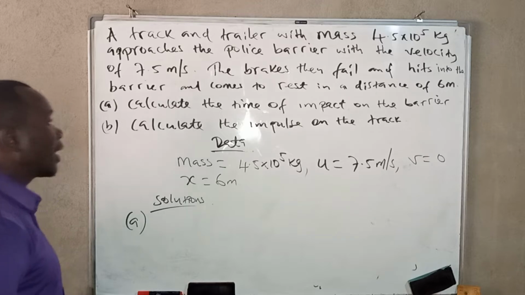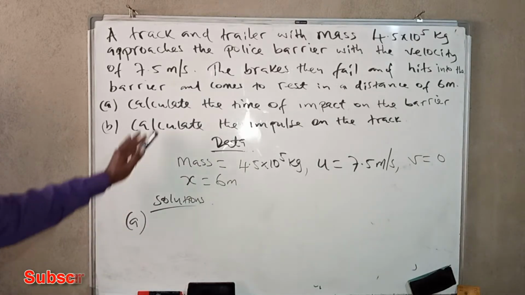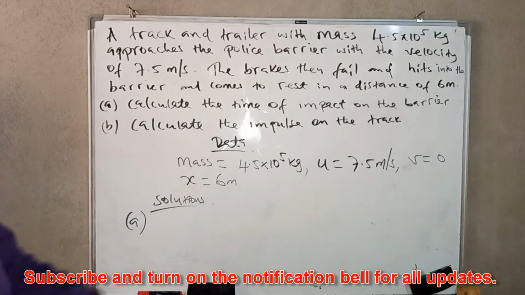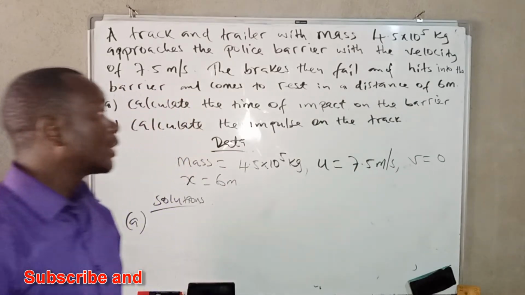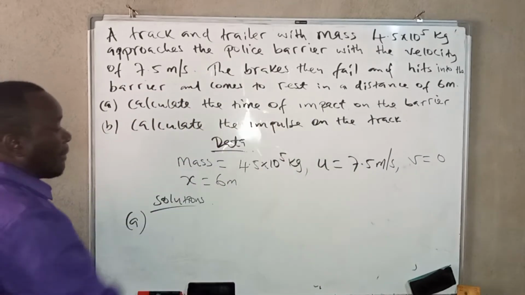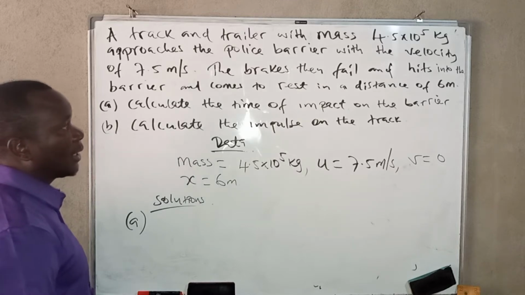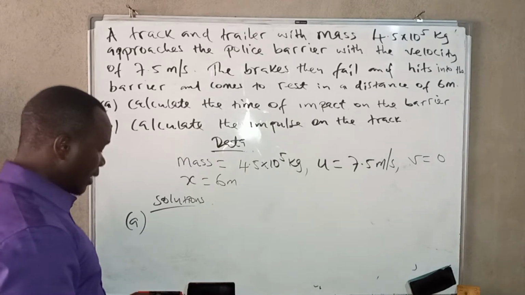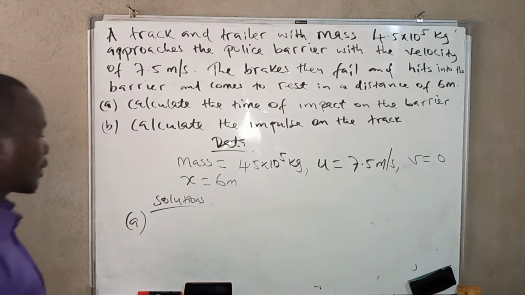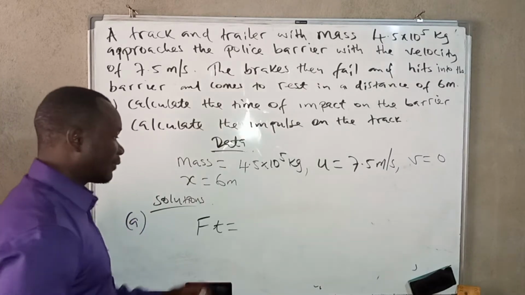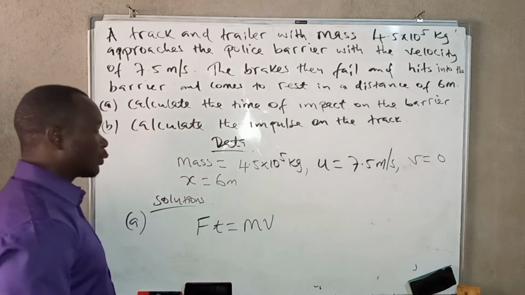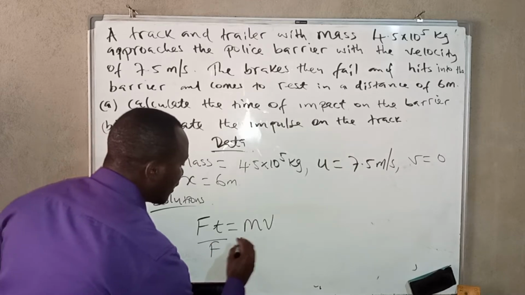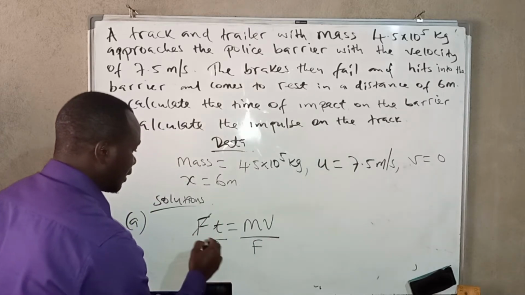Part A. In order for us to find, we have this object that is moving with a certain velocity and it has mass, so there is an aspect of momentum. And since we want to find the time of impact, we are going to use the concept of impulse. We have impulse is Ft, then momentum is equal to mv. Now, since we want to find the value of t, we can divide by F, so that this and this will go.